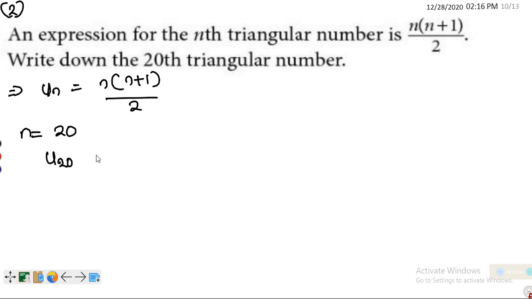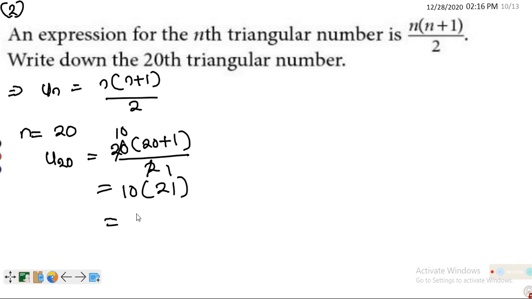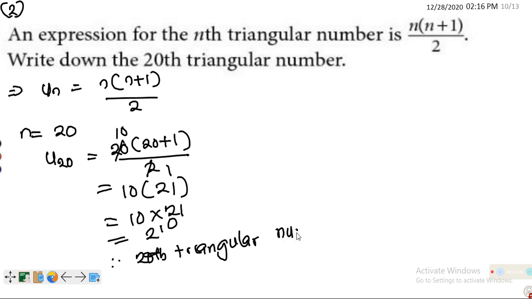So we have u20 equals 20 into 20 plus 1 over 2, which is 10 into 21, and when we multiply that, we have 210. So the 20th triangular number is 210.